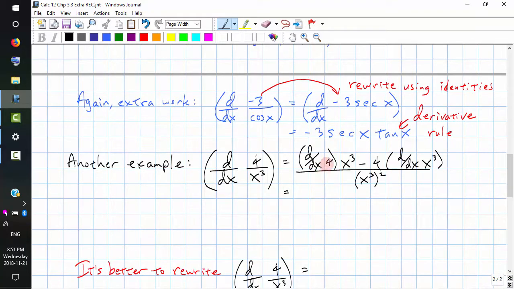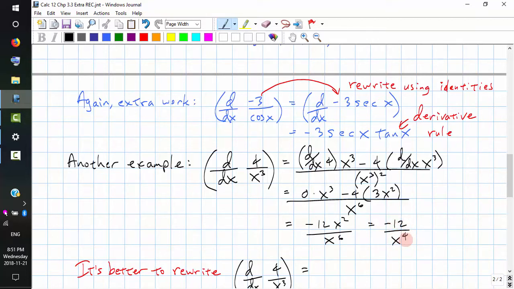This leaves us with 0, the derivative of 4 is 0, times x cubed, minus 4. The derivative of x cubed is 3x squared. And we have x to the power of 6 in the denominator. This goes away. We can simplify this to -12x squared over x to the power of 6. And this simplifies to -12 over x to the power of 4.